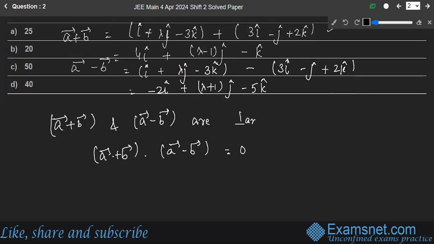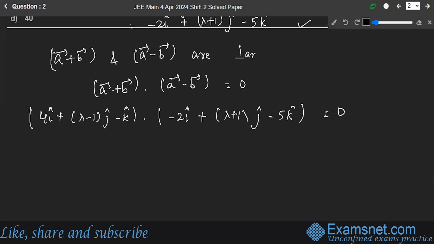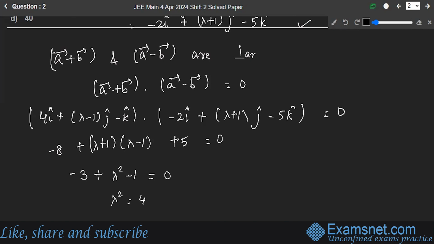This is 4i, (lambda minus 1)j, minus k, dot minus 2i, (lambda plus 1)j, minus 5k, is equal to 0. Or you have minus 8 plus lambda plus 1 minus 1 plus 5 is equal to 0. Minus 3 plus lambda square minus 1 is equal to 0. Lambda square is equal to 4, so this gives you lambda is equal to plus minus 2.